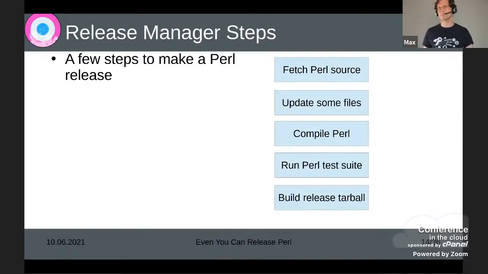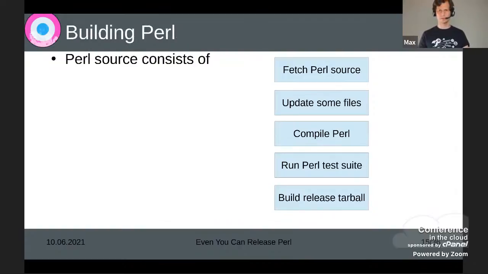These steps basically are fetching the Perl source from the Perl repository, then updating some files, compiling Perl several times, and running the Perl test suite several times. And once you're satisfied, then you build the release tarball and upload it. And these 5 steps are basically everything you need to do.